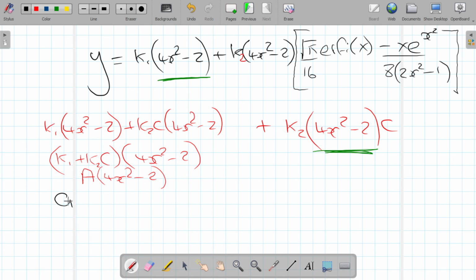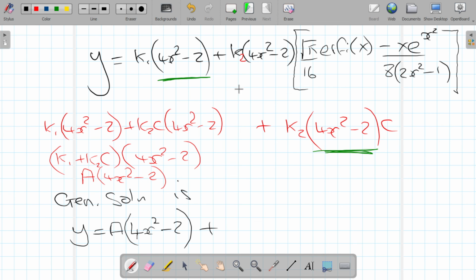So the general solution is y equals a times 4x squared minus 2 plus all of this here, plus all of that.